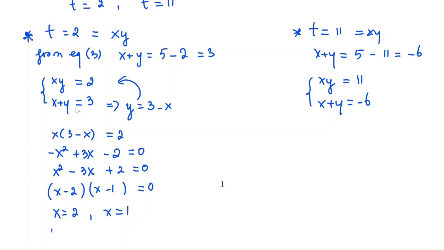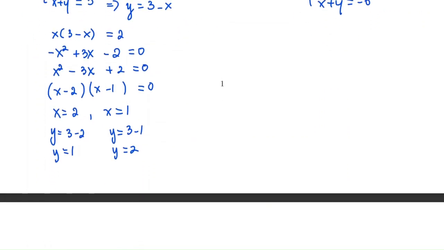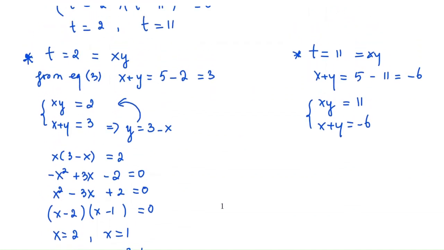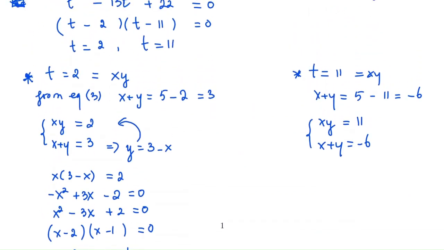So here y is equal to 3 minus 2, so y equals 1. And this one is y equal to 3 minus 1, so y is equal to 2. So the first pair is 2, 1, and the second pair is 1, 2.